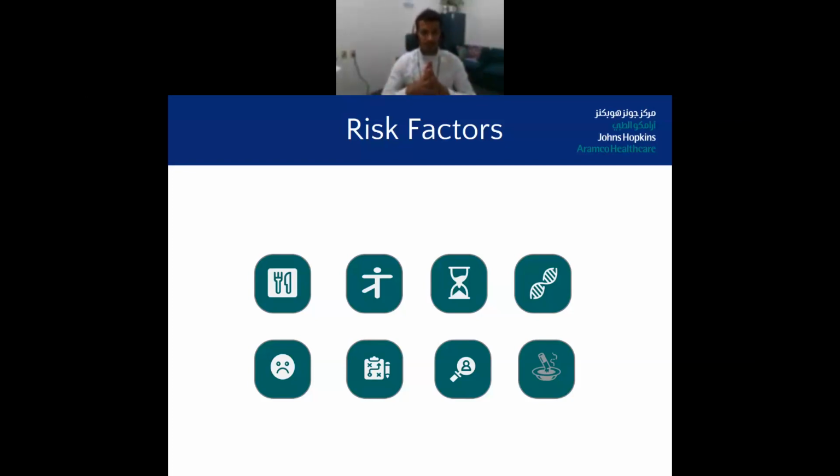Stress and anxiety also play a role in developing hypertension. And smoking tobacco and its products, whether it's cigarettes or shisha or electric cigarettes, also plays a huge role in developing hypertension. It affects the artery walls, and this also affects our blood pressure.